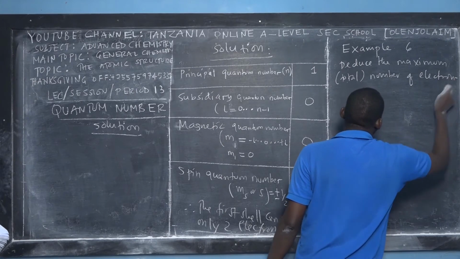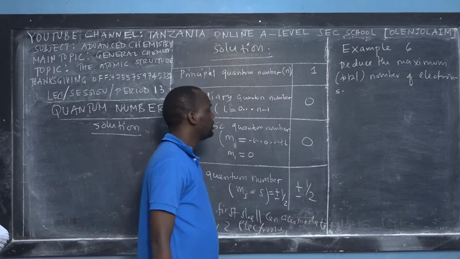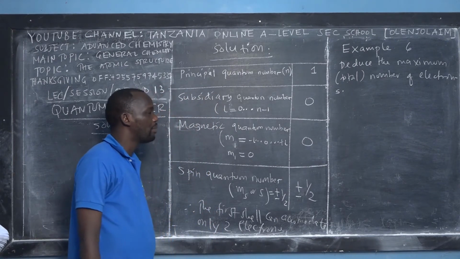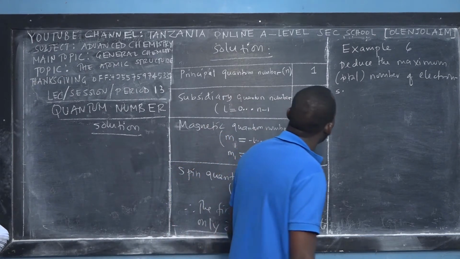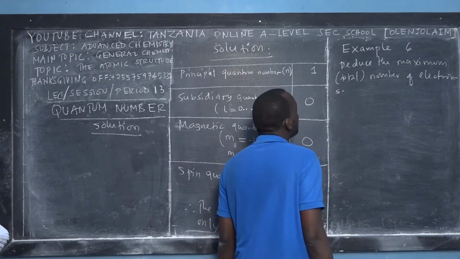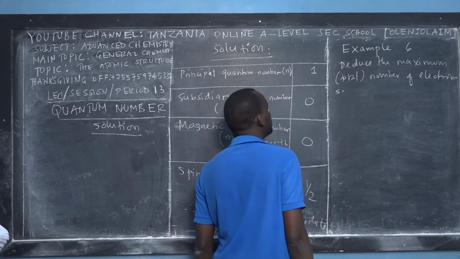In some of the questions, they might ask you to use the quantum number, but in some of them, they don't tell you what to use. But the best way is by using the quantum number. Deduce the maximum number of electrons.